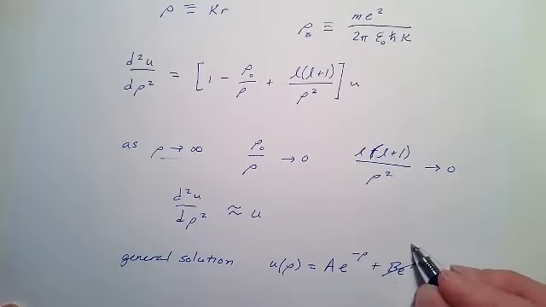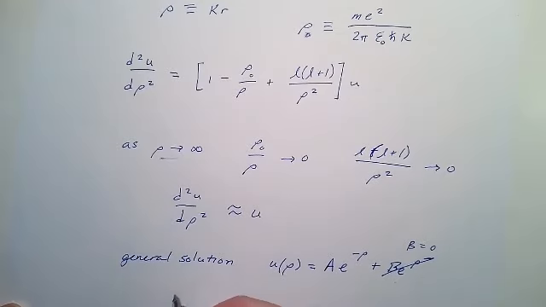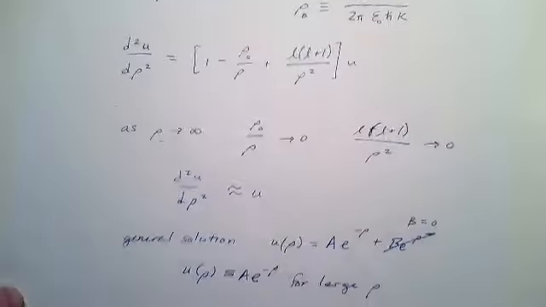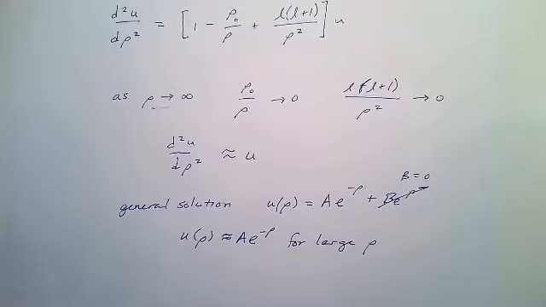So we need to say that that normalization constant b equals 0. So our general solution then is u of rho is going to be approximately equal to a e to the negative rho for large rho. Yes? Okay, so it's that simple solution for our large rho.